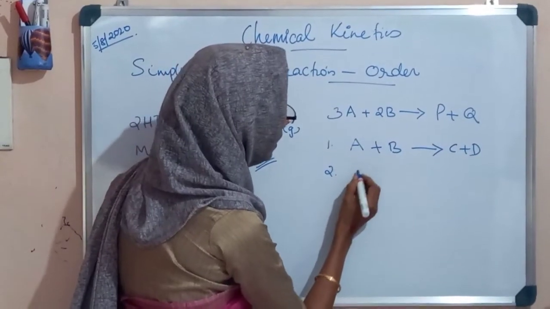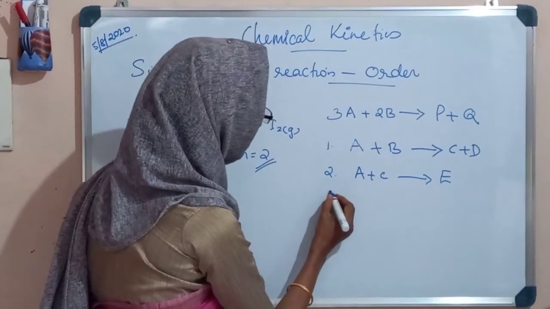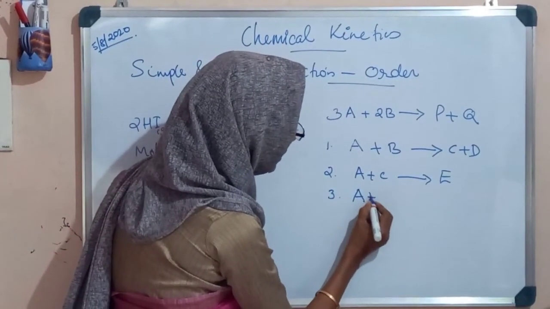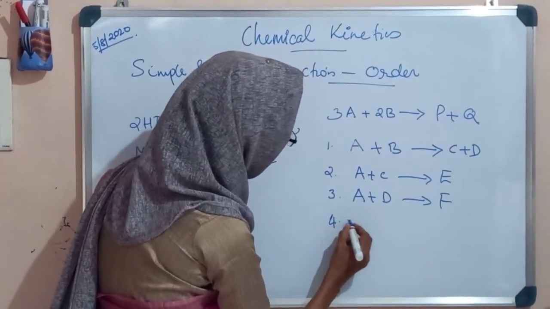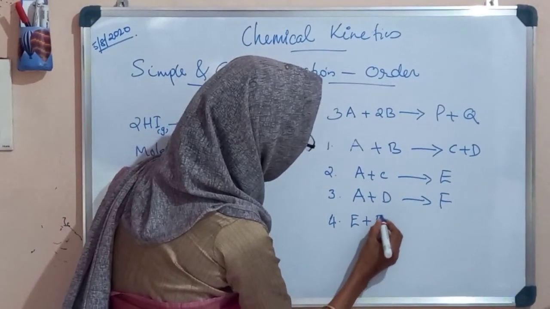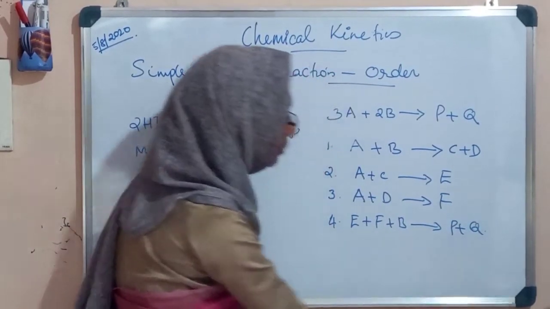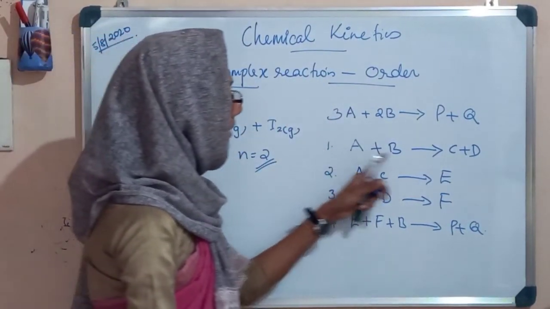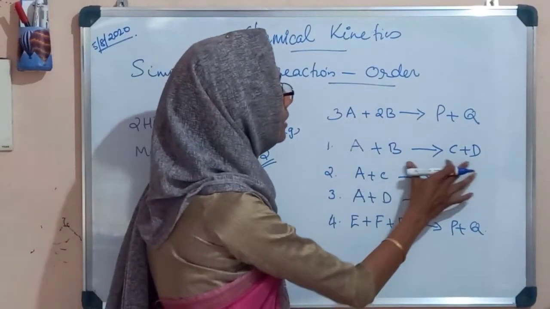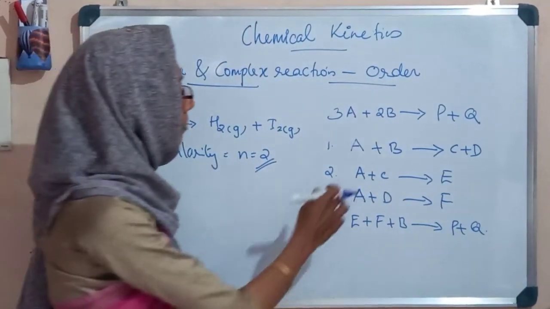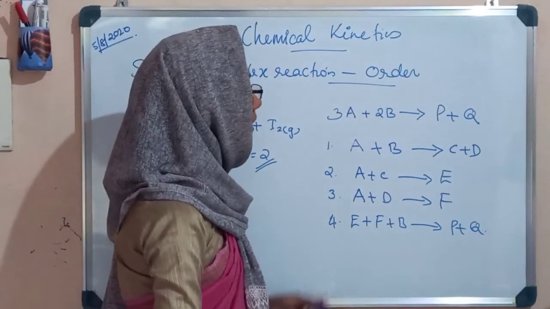In the next step, A plus C react to form another intermediate E. And then A reacts with D to give F. And in the last step, E and F react with B to give products P and Q. Here, each step is known as an elementary step. Each step has its own molecularity, depending on the number of molecules involved in the reaction, and each has its own rate.